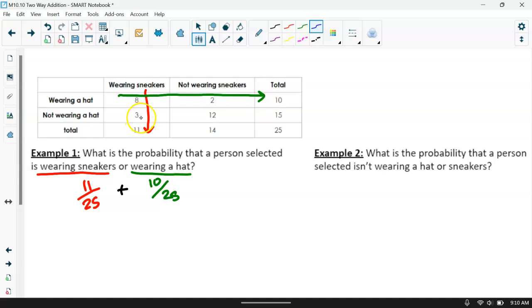How many people wear a hat? We already included the 8 in wearing sneakers, so we don't want to include them again. We only need the people wearing a hat who don't wear sneakers. That's why we need to subtract out the overlap. So we are adding, yes, but then subtracting that overlap of 8.